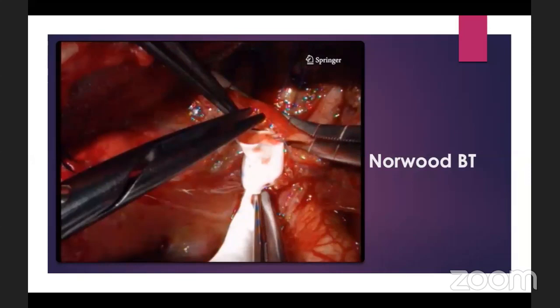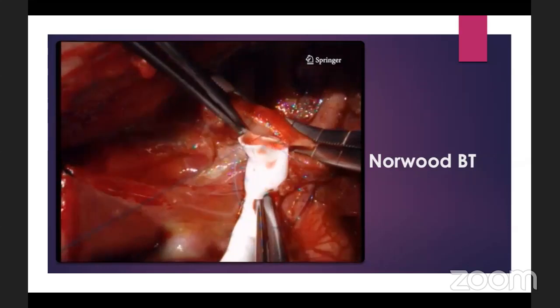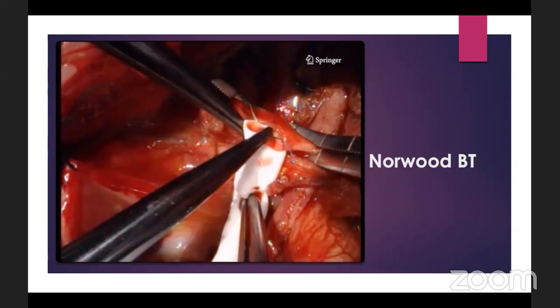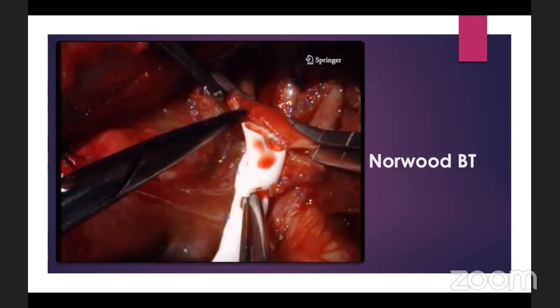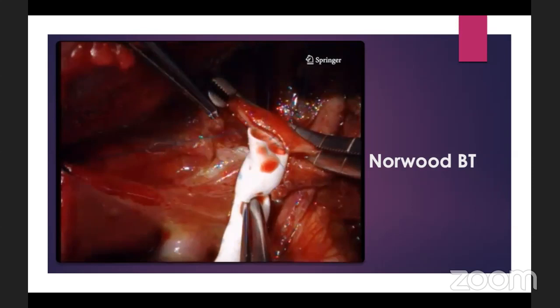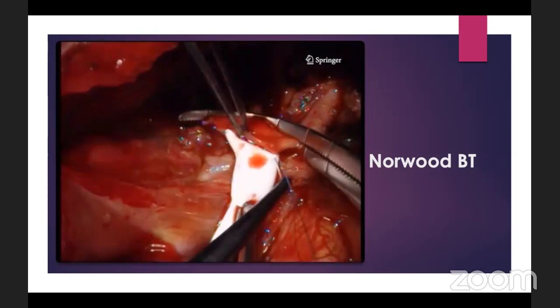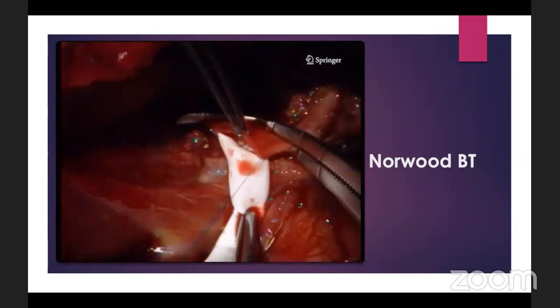I think he's going to use it for the arterial part of the cardiopulmonary bypass. So this is just probably a 3.5 millimeter shunt that's anastomosed to the innominate artery. And you can put the arterial cannula in it. It allows for cardiopulmonary bypass, and it also allows for selective cerebral perfusion during the arch reconstruction.